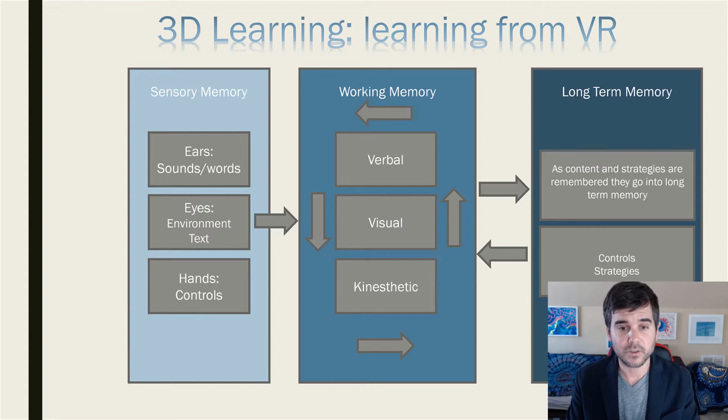But what 3D learning explains is that's not necessarily how we learn when we start adding more modalities. Things change a little bit when we start getting rid of just this basic computer-based instruction.